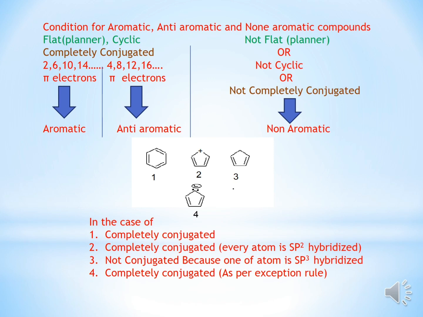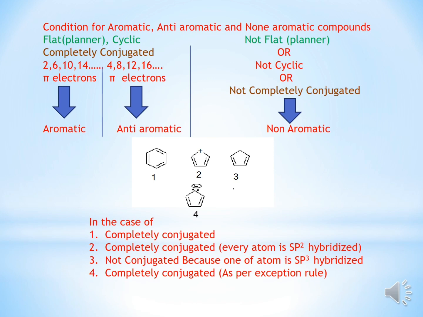In the case of the second, we have to see the hybridization, like in the third and fourth cases. The first is completely conjugated. In the second, whether it is completely conjugated or not, we have to see the hybridization. Here it is a double bonded carbon, it is also double bonded, and it is a carbocation.